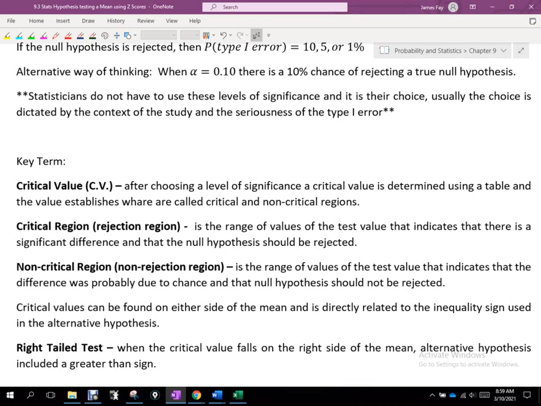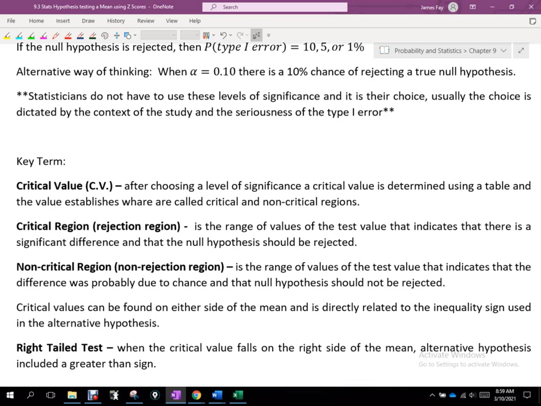And then I can say, well, let's change the alpha level. Now if I change the alpha level, it might say reject the null hypothesis, to say that the company is indeed violating the law. Does that make sense? So the whole thing about ethics starts to come back into play here.